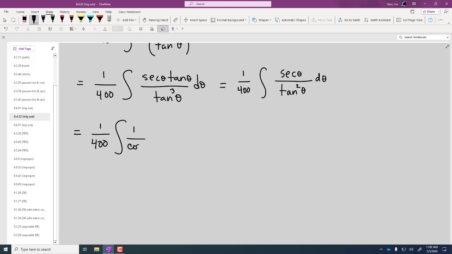Secant is 1 over cosine of theta. Tangent squared is sine squared over cosine squared, but then we're going to flip it. So we're going to get cosine squared over sine squared. So we got that. Okay, one of the cosines is canceling, so this is perfect.